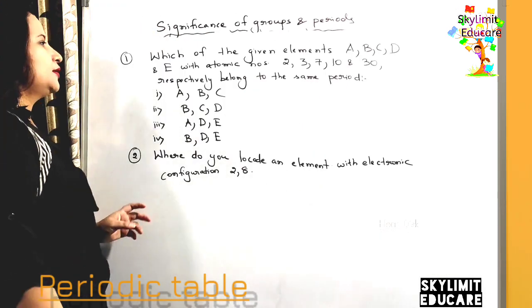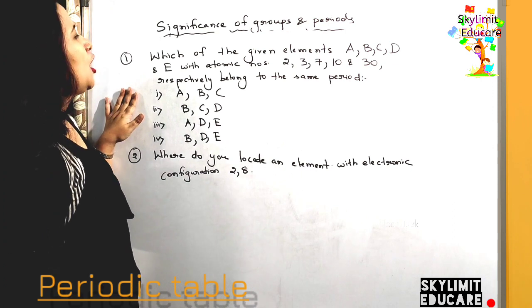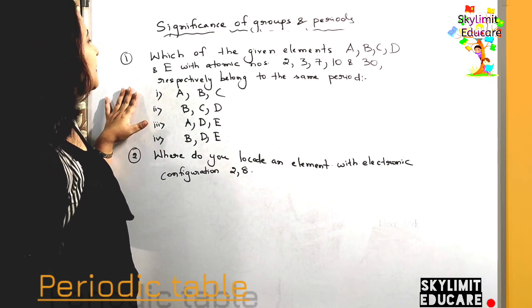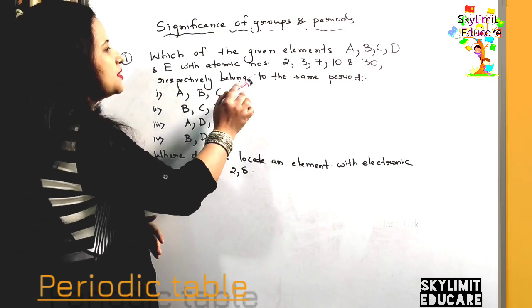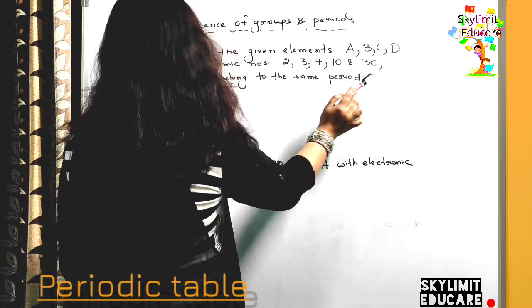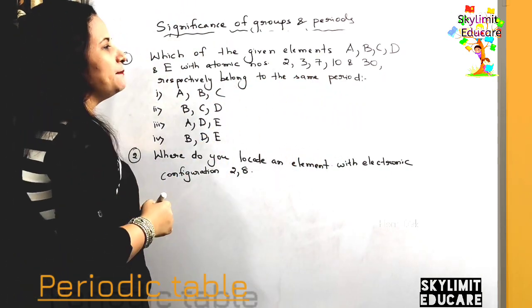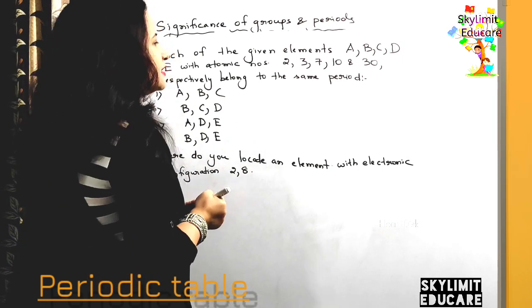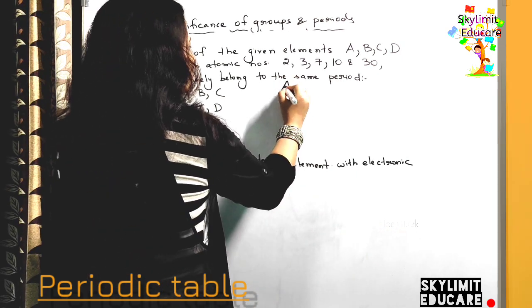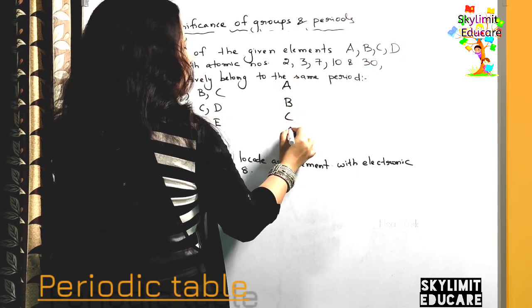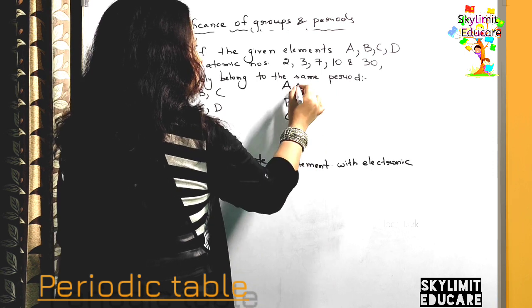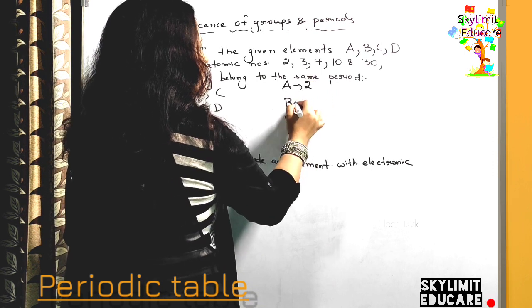Students, now let's come to the next question. Which of the given elements A, B, C, D and E, with atomic numbers 2, 3, 7, 10 and 30 respectively, belong to the same period? The first thing I'm going to do is write the names of the elements A, B, C, D, E. There are 5 elements given to us, and the respective atomic numbers are also given.